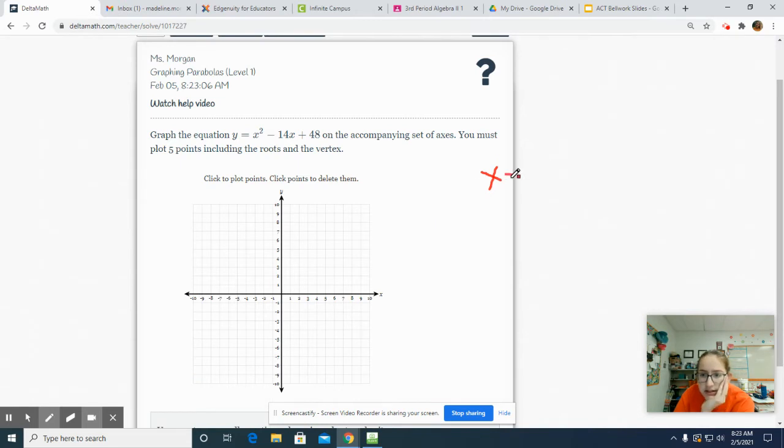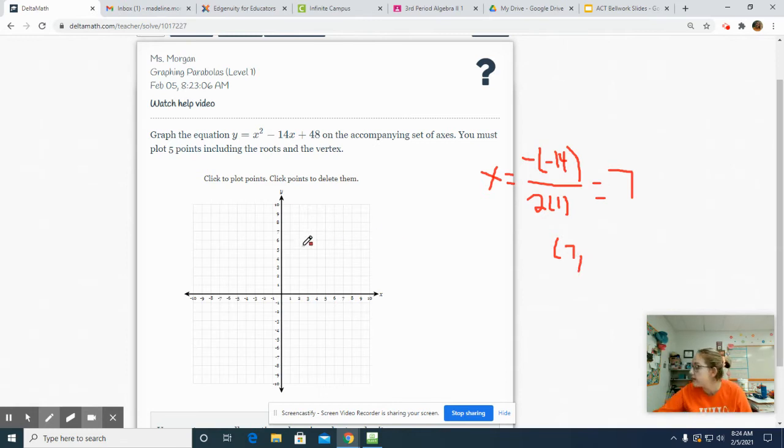So we want to first find, you must answer all questions in order to submit. Okay. So we're going to have x equals negative b, so negative 14 over 2 times 1. So we're going to simplify that down, and we're going to get our x value as 7. So we're going to plug 7 into our formula.